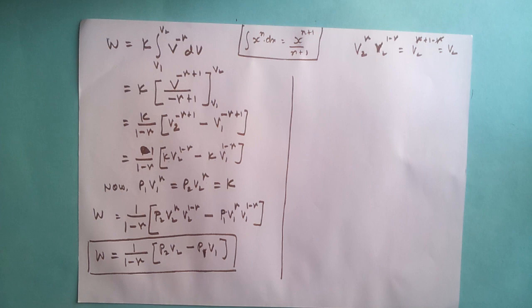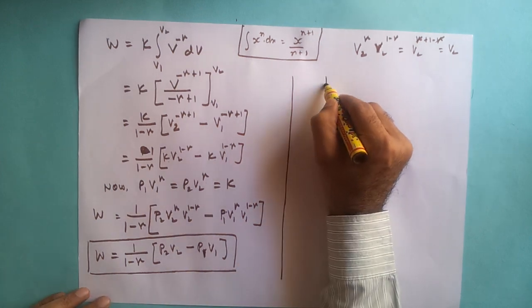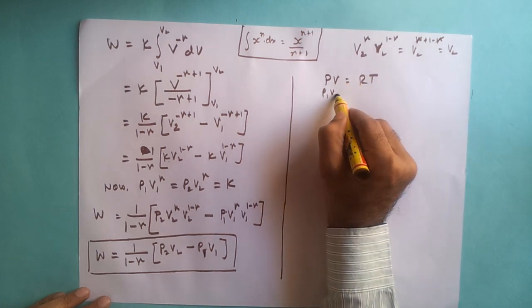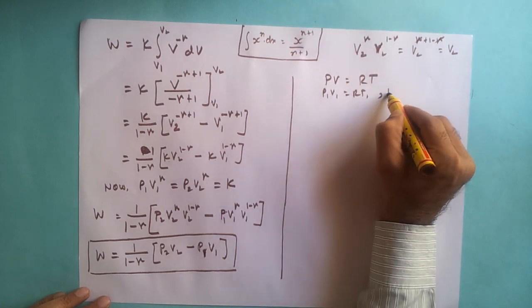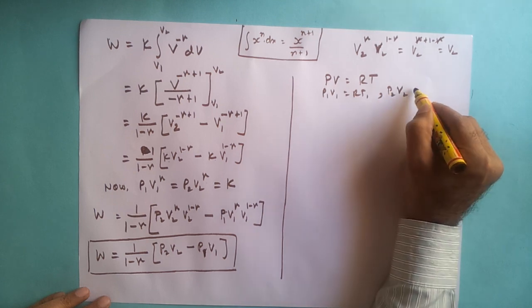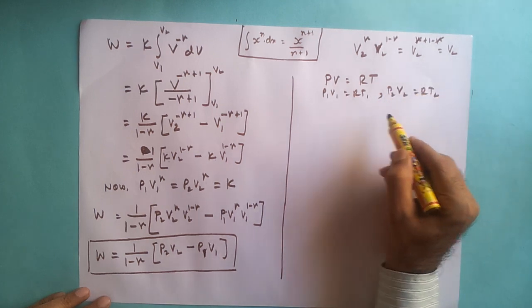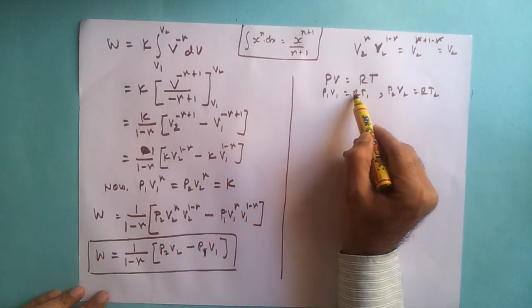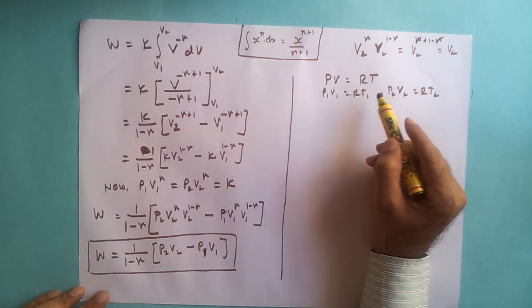Also what we can do is, since PV is equal to RT, therefore P1 V1 is equal to RT1 and P2 V2 is equal to RT2. I can put P2 V2 as RT2 and P1 V1 as RT1, and I'll get R common.